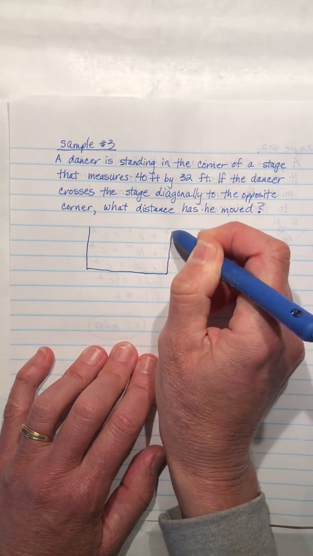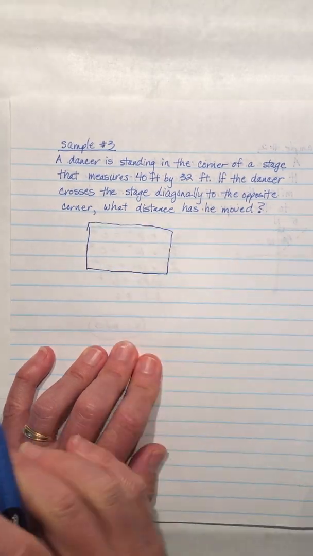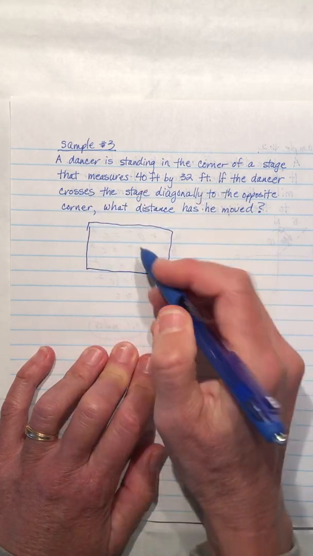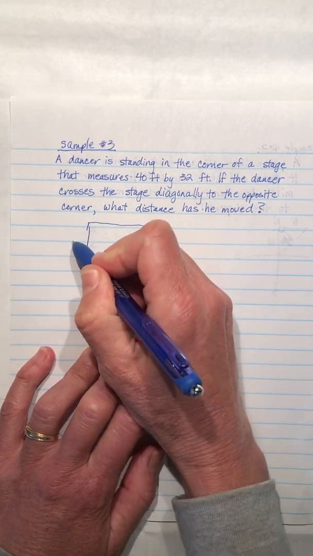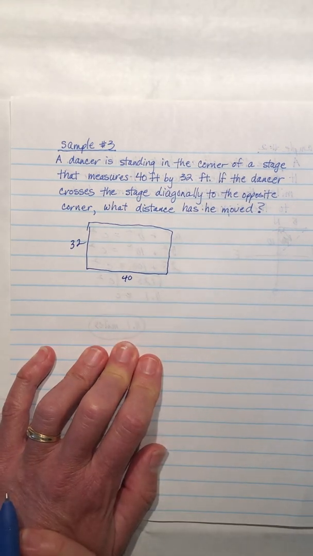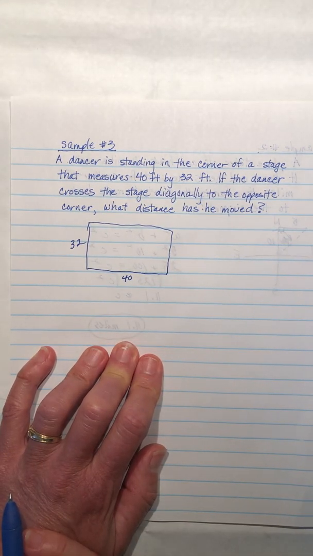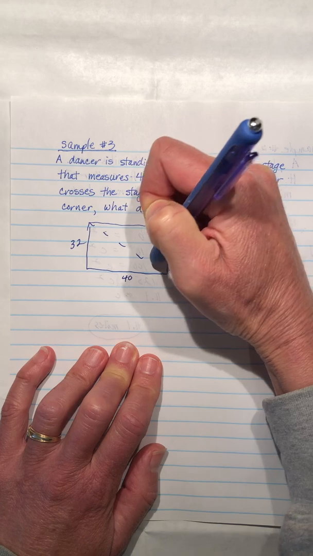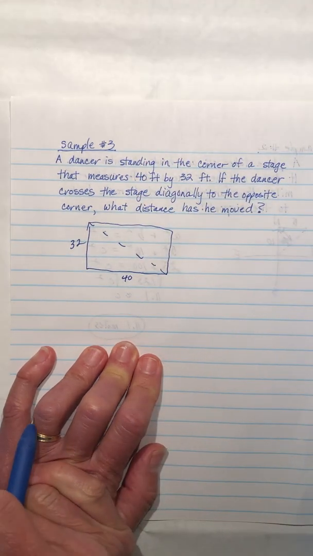Doesn't have to be beautiful, doesn't have to be to scale. Let's see, it measures 40 by 32. So I've got 40 and 32. If the dancer crosses the stage diagonally to the opposite corner, and it wouldn't matter which diagonal you chose here, what distance has he moved?